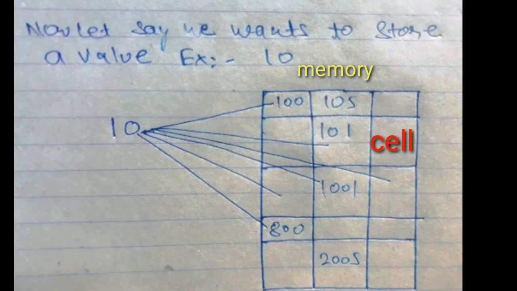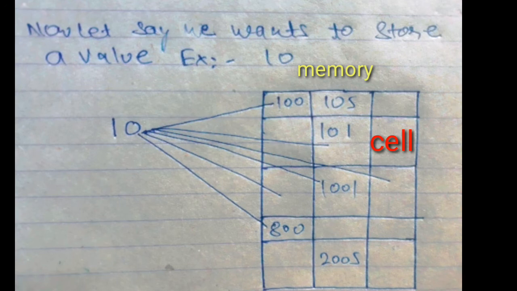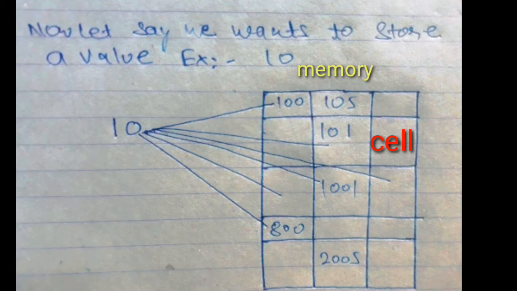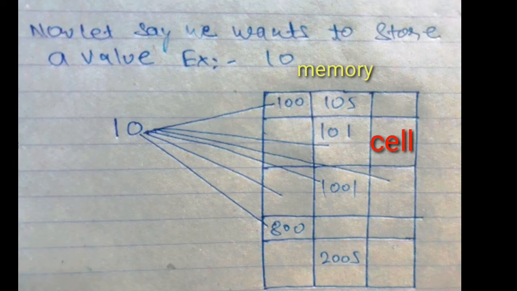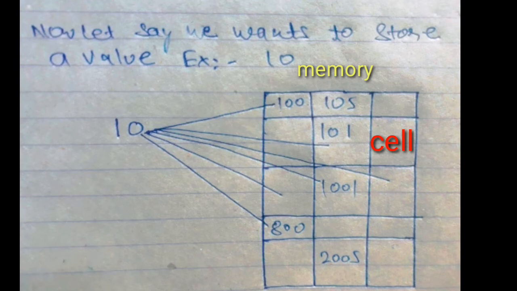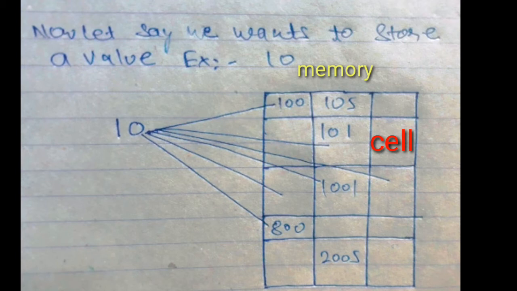It will be stored at any memory location, because you do not have any control over which memory address your data is stored at. It could be like 101, 105, 1001, or 800 or 2005. So you have no control. It could choose any memory location. Till here there is no problem, your data will be stored.